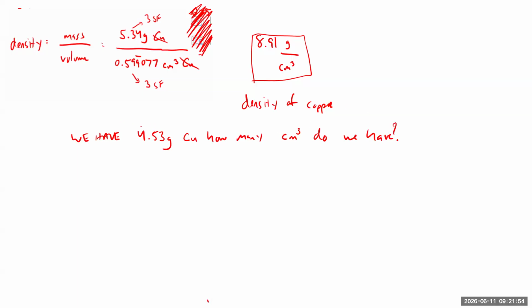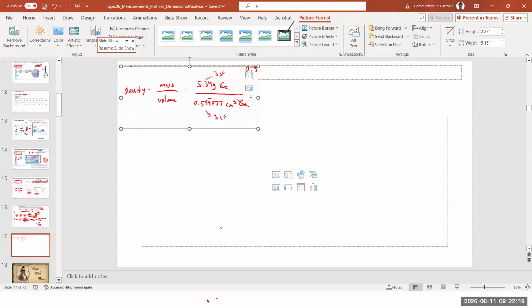Well, I'm going to take our 4.53 grams. If you look up here, we have this density calculation, right? This allows us to convert from grams to cubic centimeters and then back to grams. Because of this, this is kind of like a conversion rate, right?